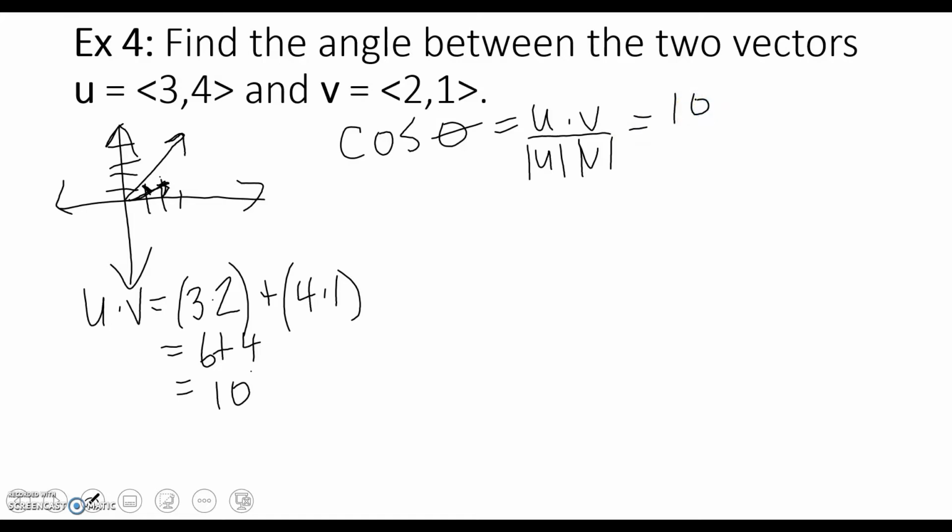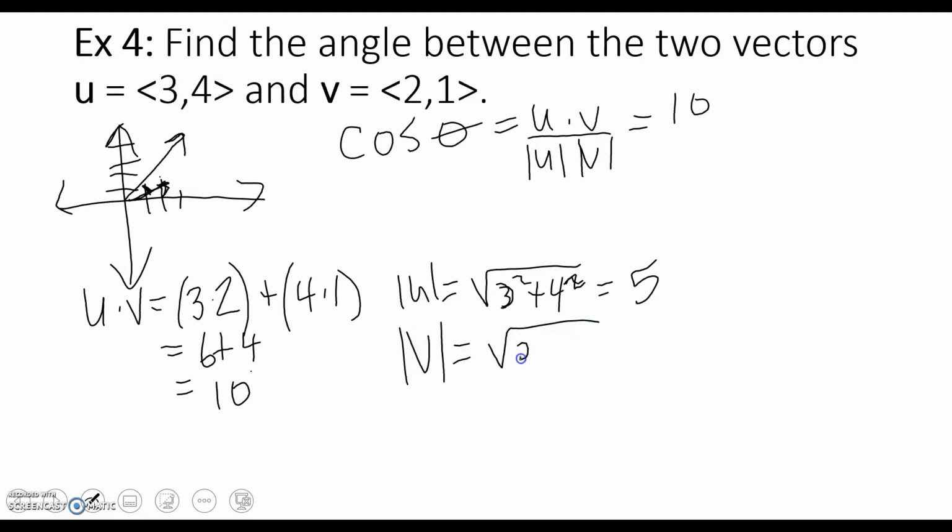The next thing we have to find is the magnitude of u. So the magnitude of u would be equal to the square root of 3 squared plus 4 squared. That's the square root of 9 plus 16, which is the square root of 25, which is equal to 5. And then the magnitude of v will be the square root of 2 squared plus 1 squared, that's 4 plus 1.